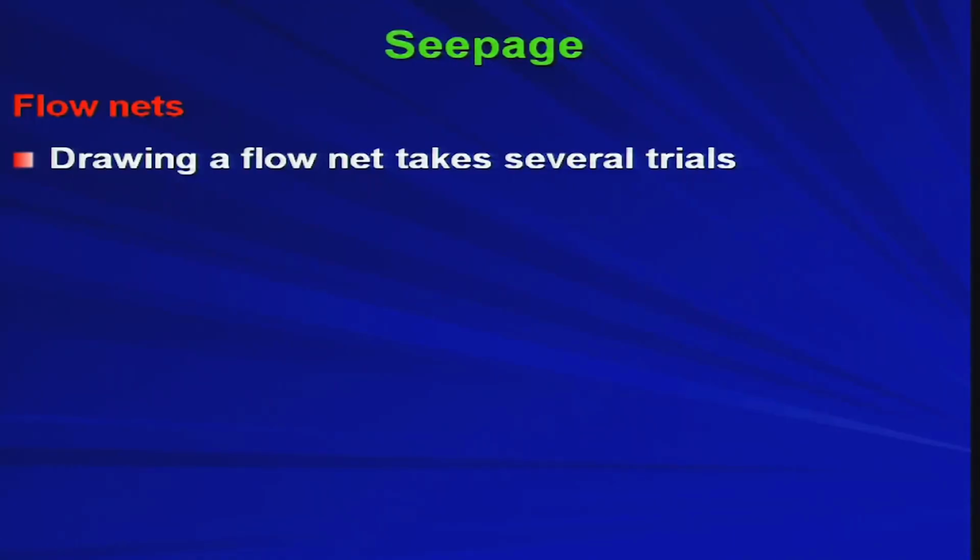Drawing a flow net takes several trials. The number of flow lines and equipotential lines depends solely on your own judgment. You can go for 6 flow lines, or 8, or maybe 50. It is based on your judgment and it should satisfy two basic criteria.